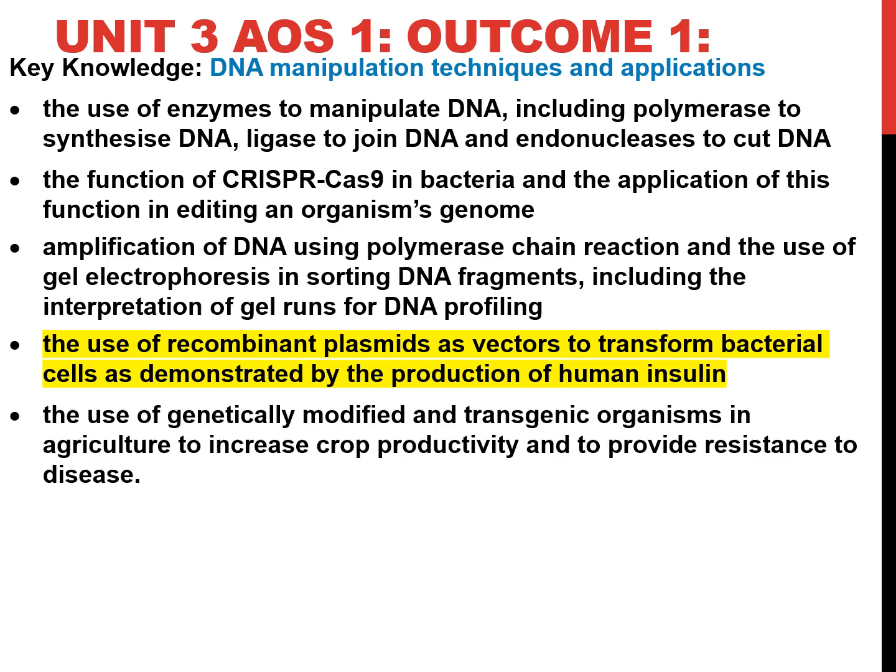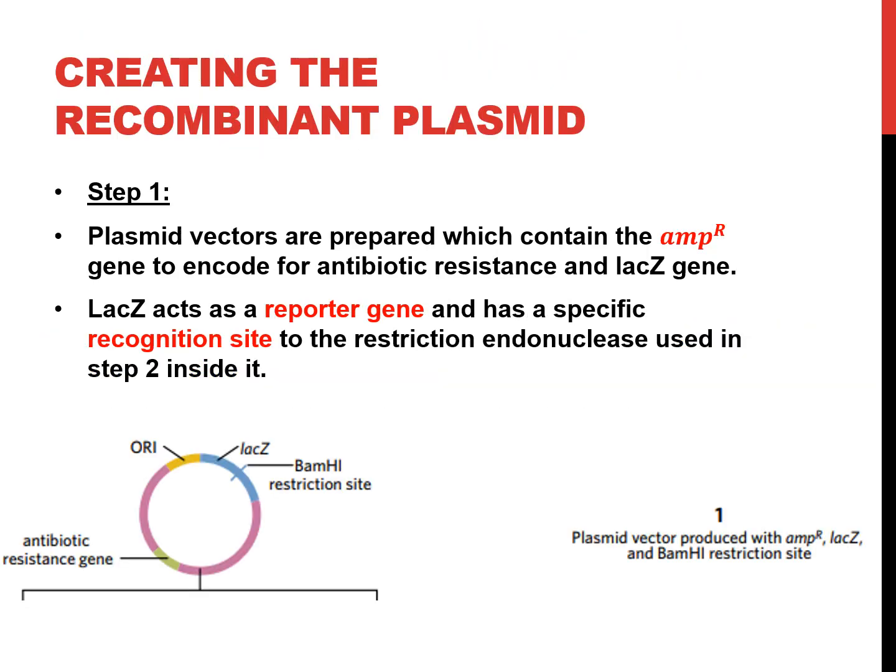Dot points as per usual. We're going to go through a process with different steps. Creating the recombinant plasmid is the first step. Plasmid vectors are prepared which contain the ampicillin resistance gene, shown in green here. That's the resistance gene for the antibiotic ampicillin. Obviously, it has an origin of replication, as all plasmids will.